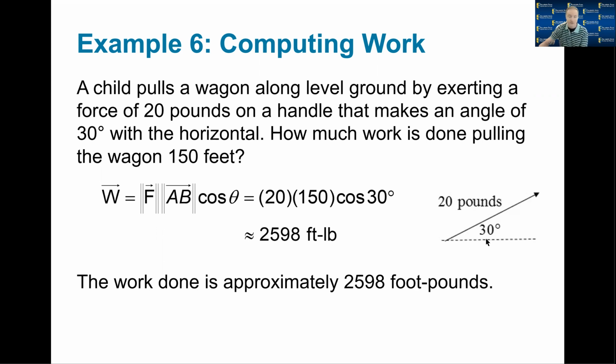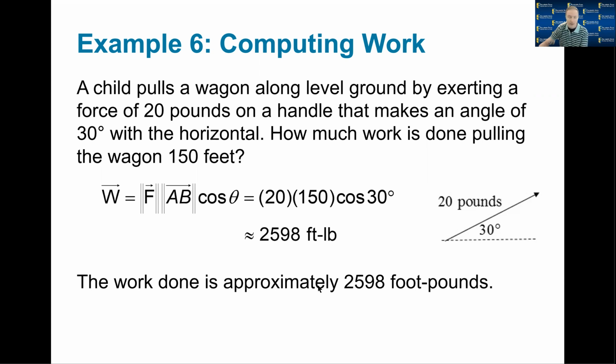That's 30 degrees here. The cosine of 30 degrees is the square root of 3 over 2. So 20 times 150 times the square root of 3 over 2, rounded to the nearest foot pound, is approximately 2,598 foot pounds. That's a common notation for work.